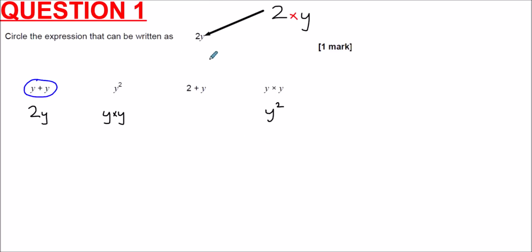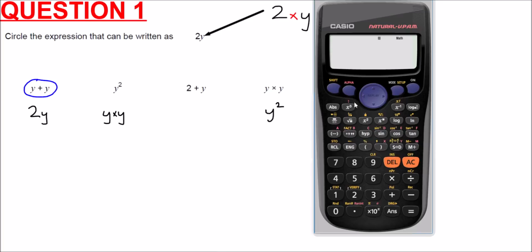Another way you could have thought of this is just pick any number for y you'd like. So for example, if you pick y to be 10, then 2y would mean 2 times 10, which is 20.